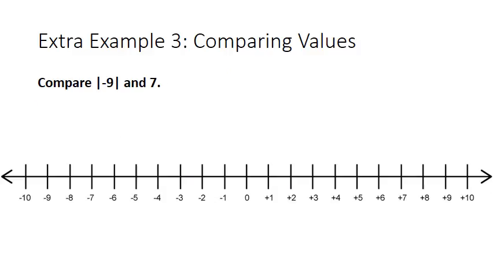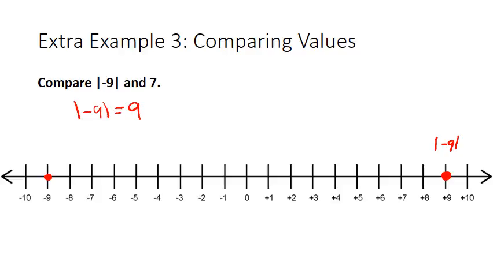Again, if we're going to be comparing values, we're comparing the absolute value of -9 and 7. So we know that -9 is right here, but we also know that this is the absolute value of -9. So the absolute value of -9 is equal to +9, which is all the way up here.